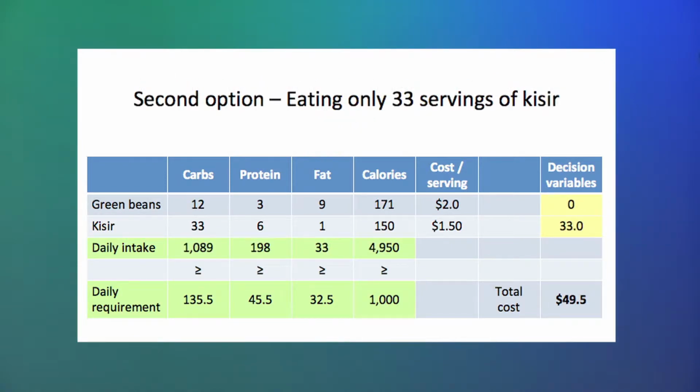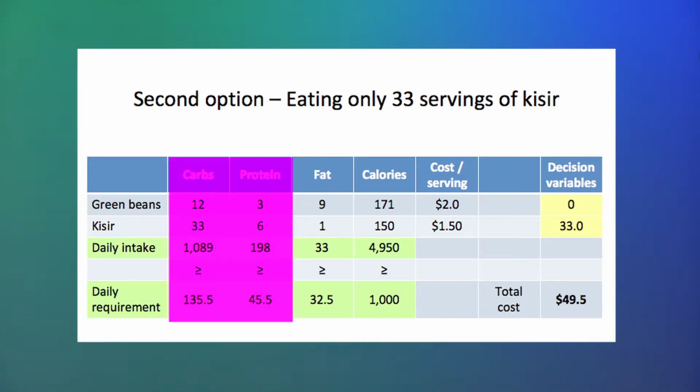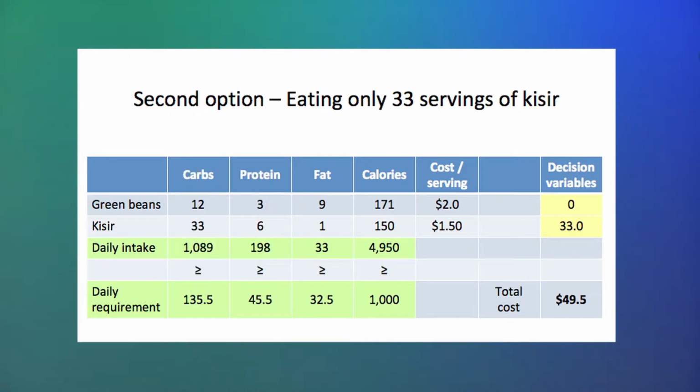The second option, to eat 33 servings of kısır, will cost us $49.5 and contains 1,089 grams of carbohydrates, 198 grams of protein, 33 grams of fat, and 4950 calories. In this case, we have the right amount of fat, but too much carbohydrates and protein.